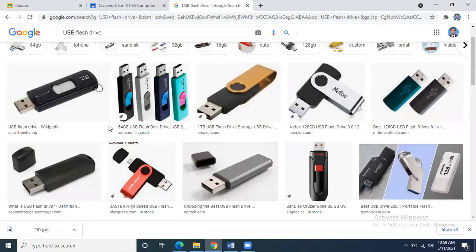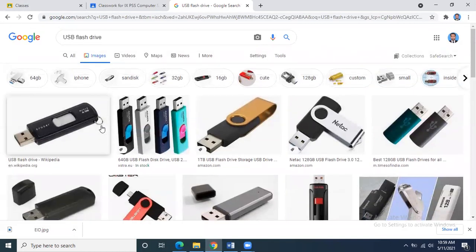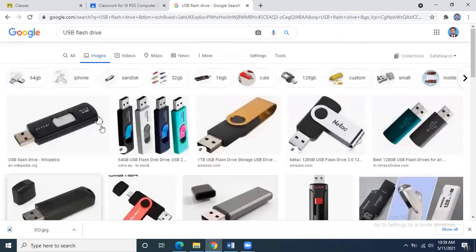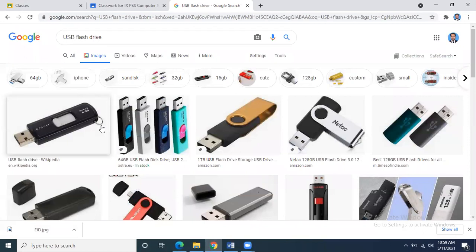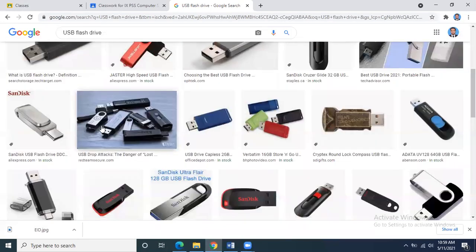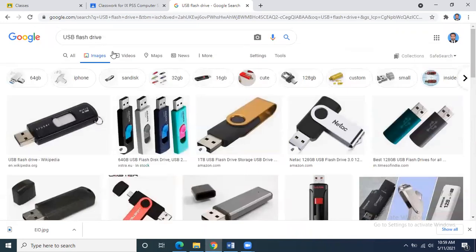USB 2.0, USB 3.0, these are the different editions available for the USB. And you know that there is a common mistake that we make when we call its name. Basically, it's USB flash drive. We normally call it USB, but it is basically the USB flash drive.